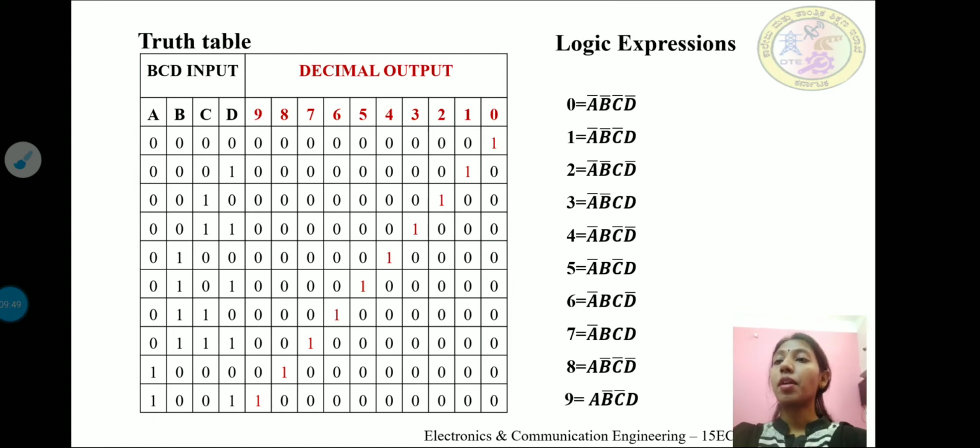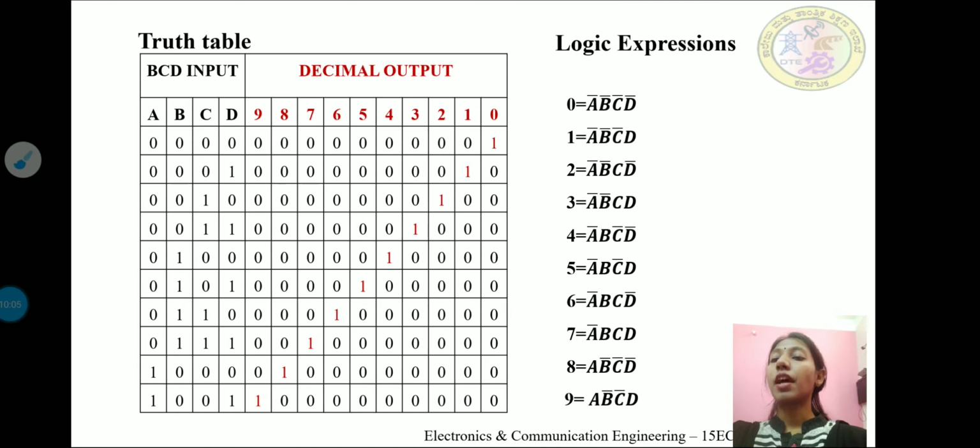The inputs are represented as A, B, C, D, where D is the LSB and A is the MSB, and the decimal outputs are represented as the digits 0, 1, 2, 3, 4, 5, 6, 7, 8 and 9.